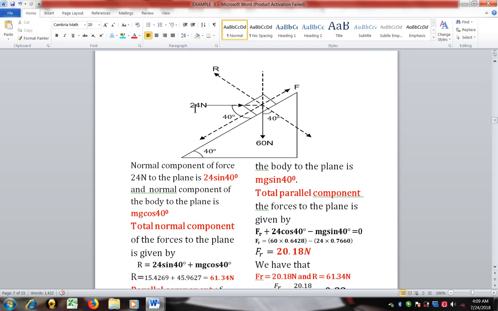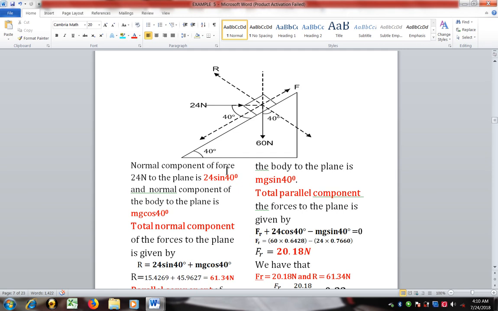So you can resolve 24 Newton parallel to the plane, and that will be 24 cos 40 degrees. But perpendicular to the plane, it will be 24 sin 40 degrees. So the normal component of force 24 Newton to the plane is 24 sin 40 degrees. So we have gotten one normal component.